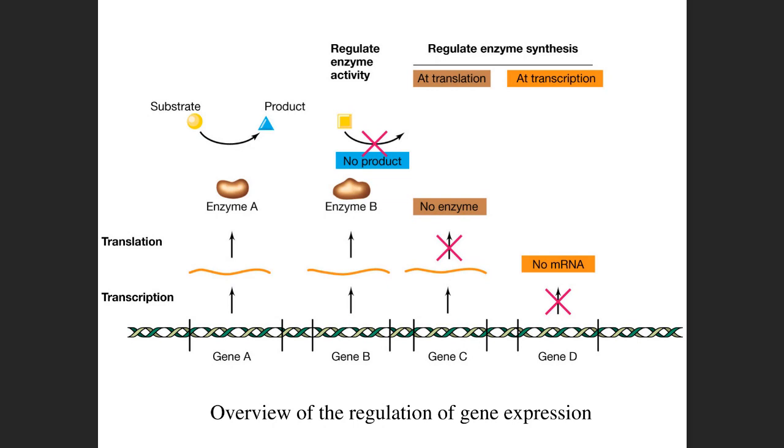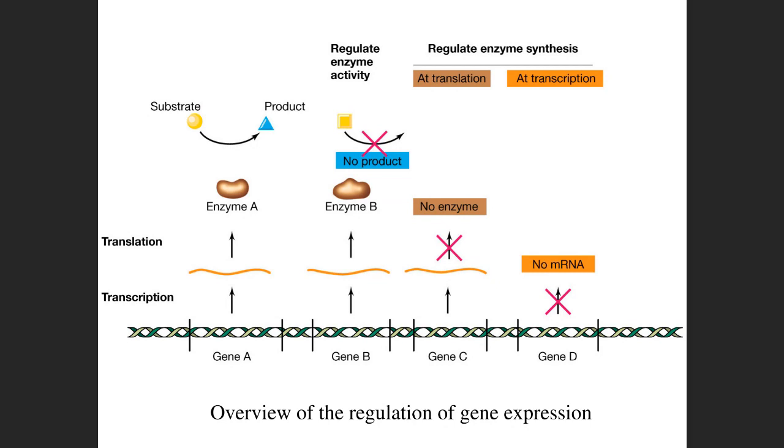If you take lactose as an example, when lactose shows up, I need LacZ, or beta-galactosidase, to cut the lactose into galactose and glucose so that we can use them.